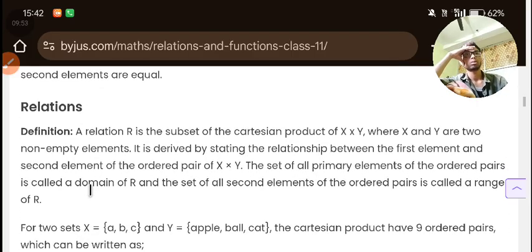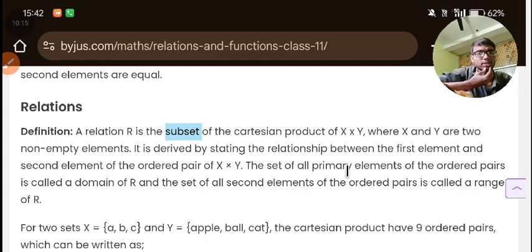Now let's see what a relation is. Definition: a relation can be represented by the letter R. A relation R is a subset of the Cartesian product x into y, where x and y are two non-empty sets.